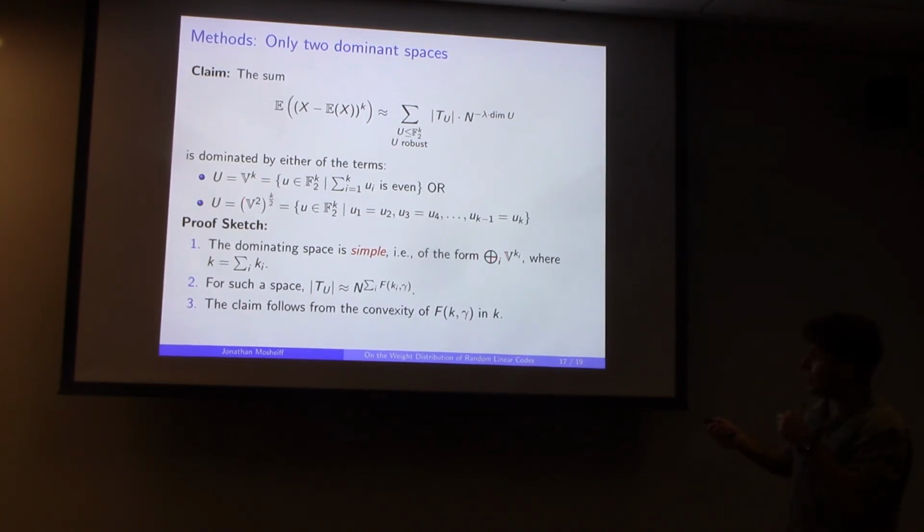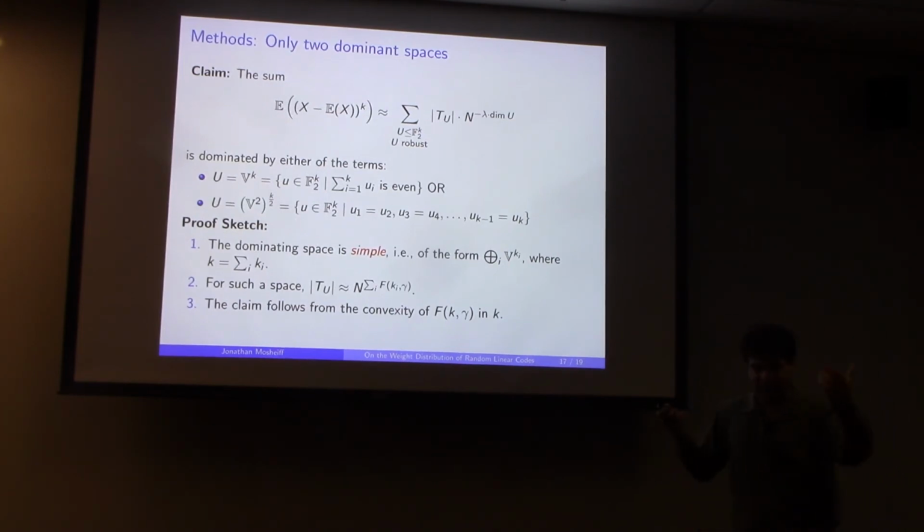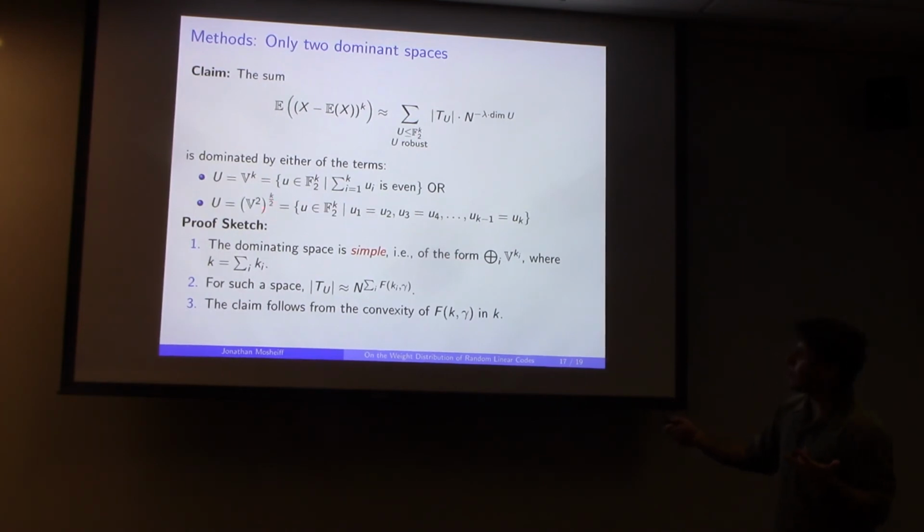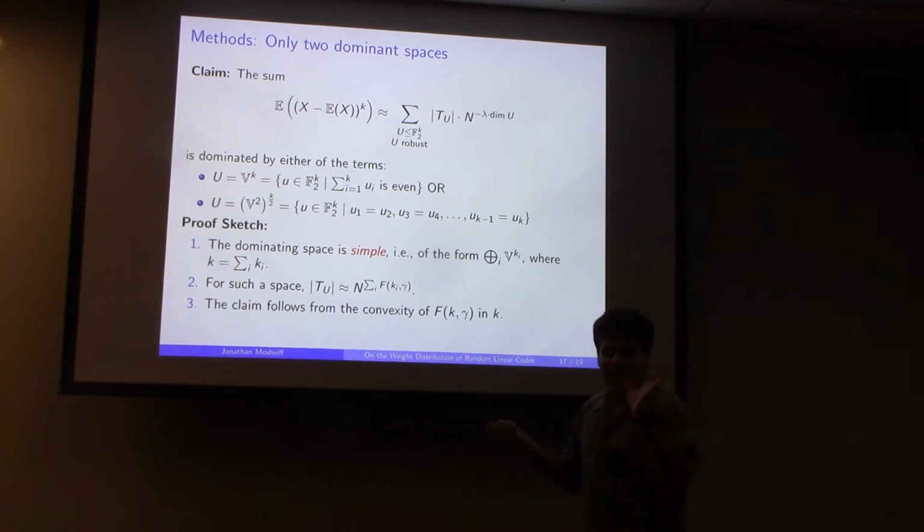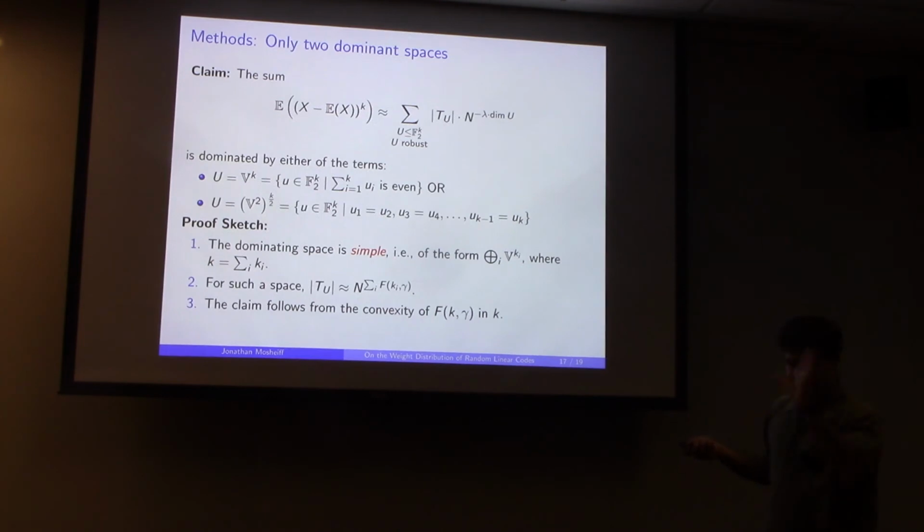As you can see, this is actually just a direct sum of many V2s, right? For a space like this, you can use the function f defined before to estimate the TU for every u of this form. And then since it's convex, you get that the optimum has to be in one of these two extremes. Okay, so that's a very vague idea of how the rest of the argument continues.